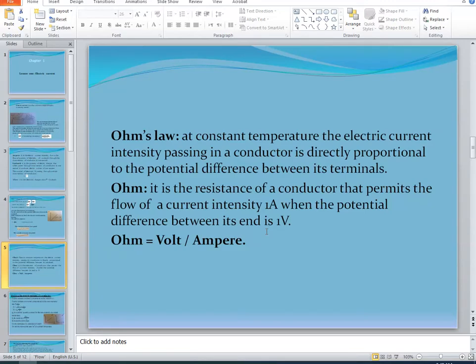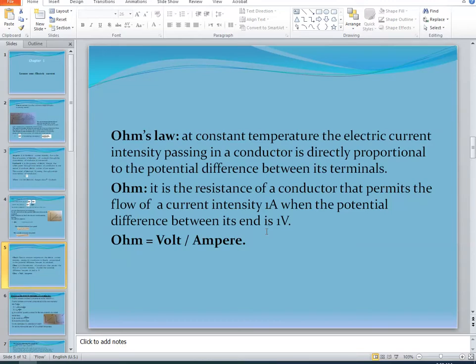At constant temperature, the electric current intensity passing in a conductor is directly proportional to the potential difference between its terminals. So I is directly proportional to V. This means as V increases, I increases. If V decreases, I will decrease.